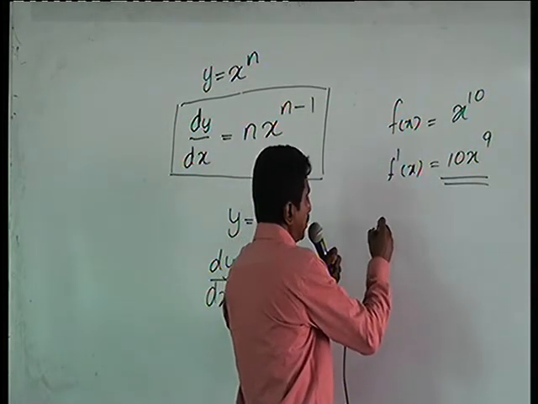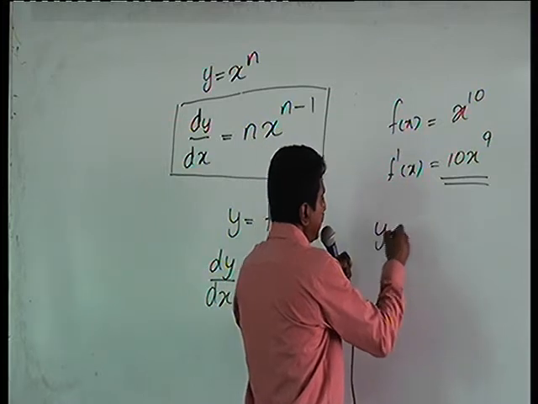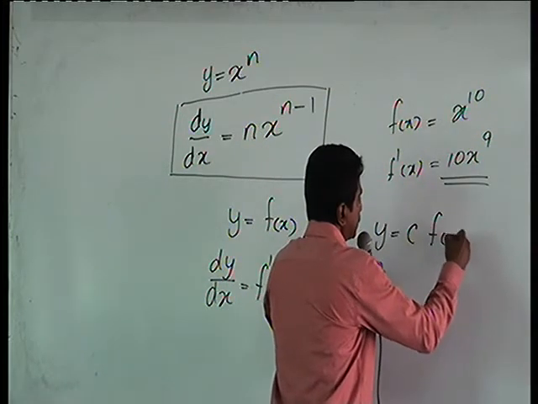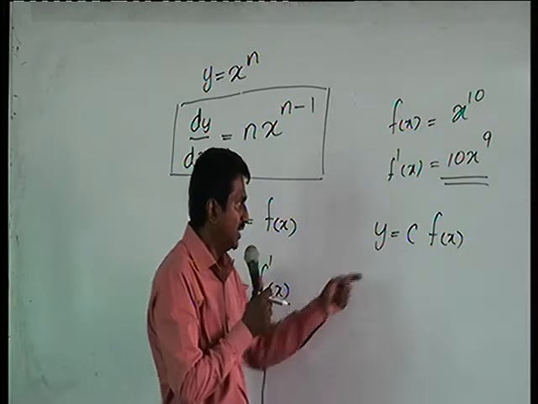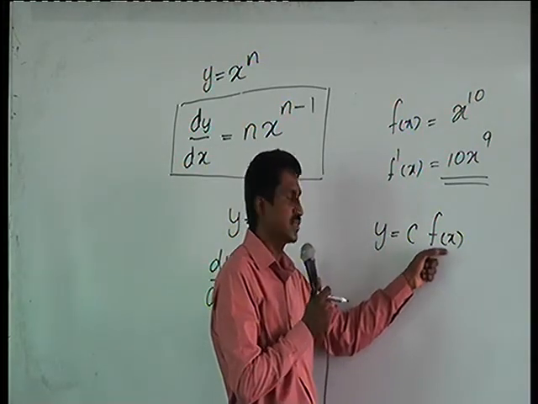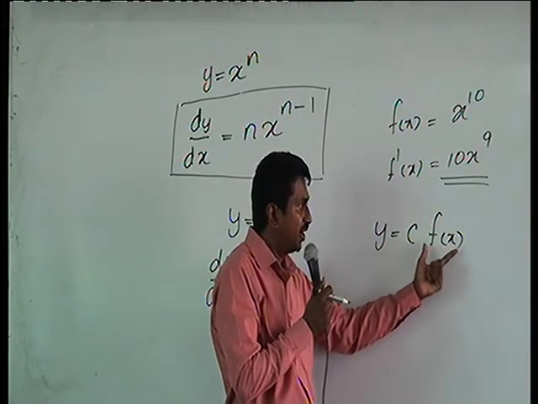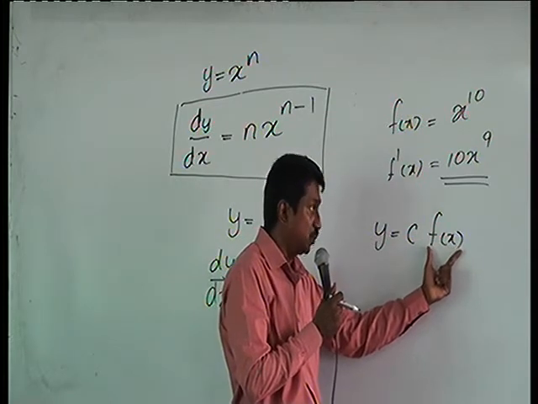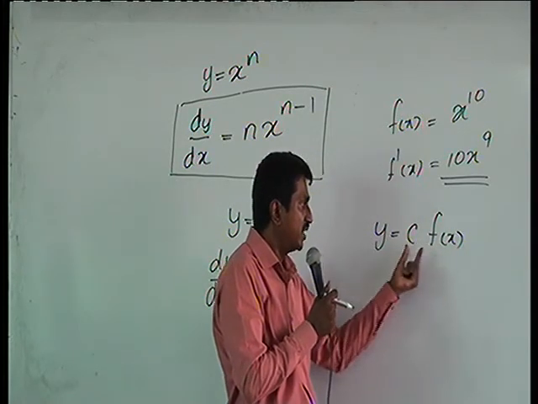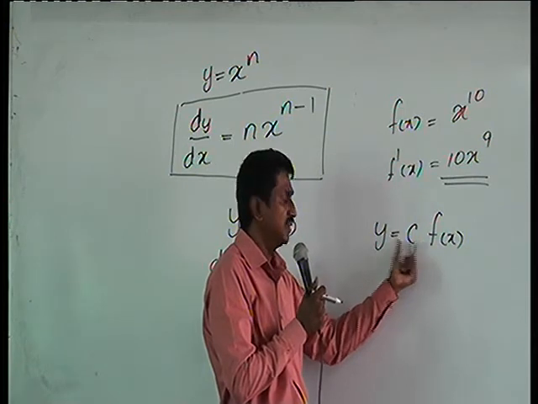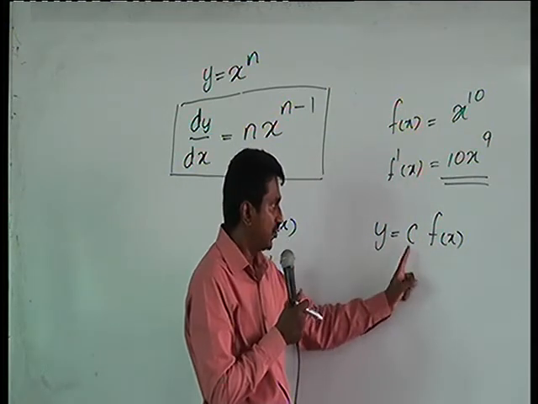Say y is equal to c times f(x). So in front of the variable x to the power n, we basically have another coefficient, that is c. We have a coefficient c.